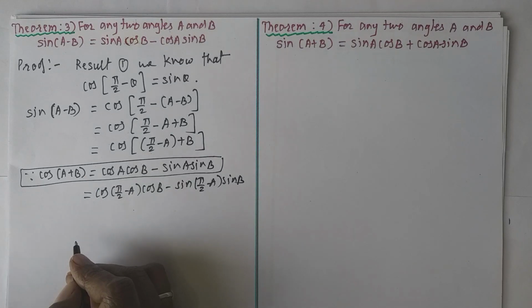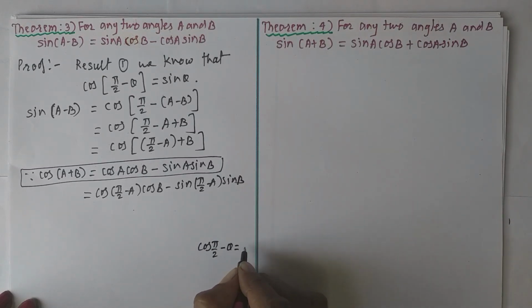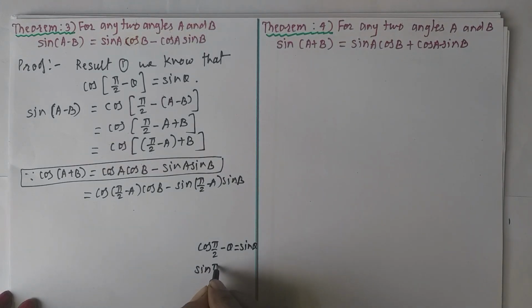Now, from our result, we know that the value of cos pi by 2 minus theta means sin theta, and sin pi by 2 minus theta means cos theta.